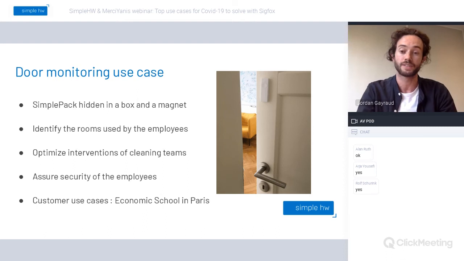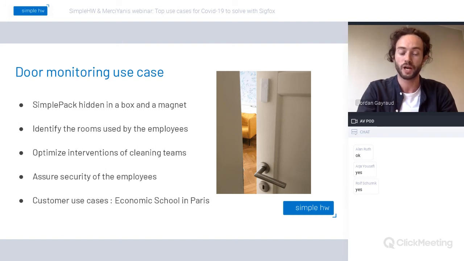When a certain limit of openings and closings of the door is reached, meaning the limit of usage of the room, the cleaning people are automatically alerted, and they can carry out the cleaning operation inside the room.